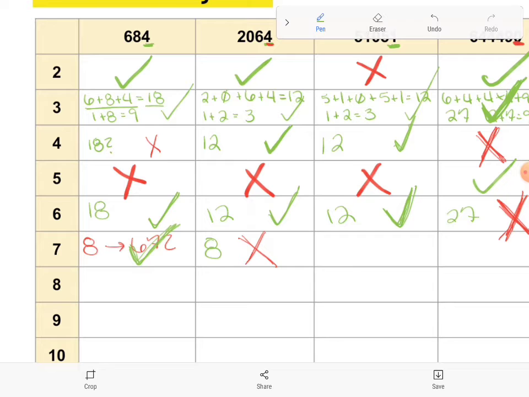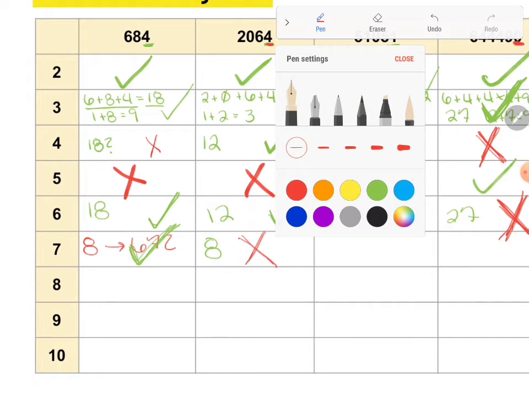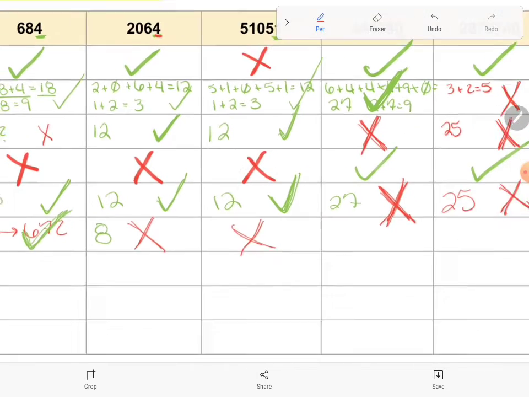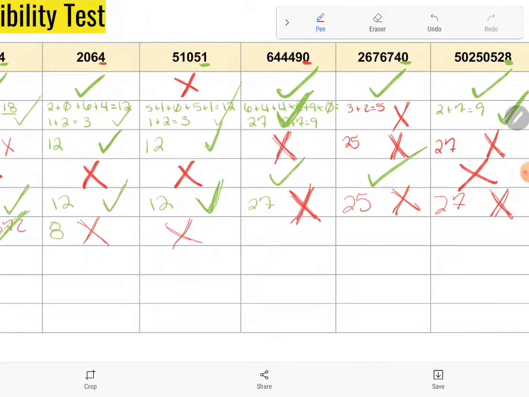It's not. Then we have 0, 644, 490 divided by 7. So this one will be divisible by 7.